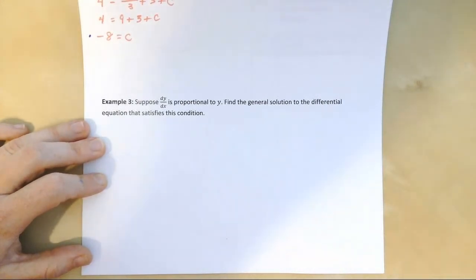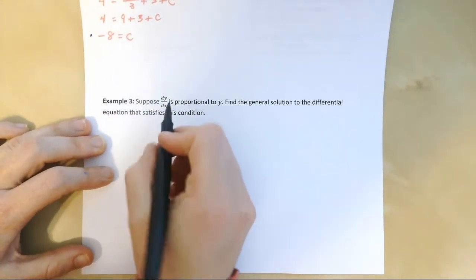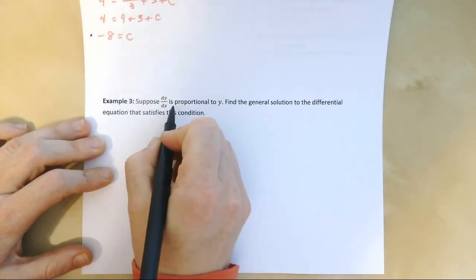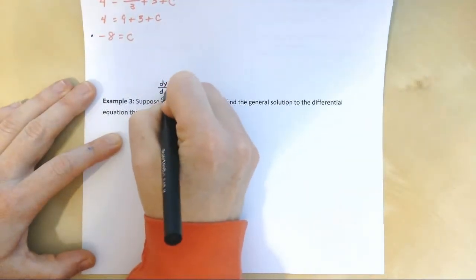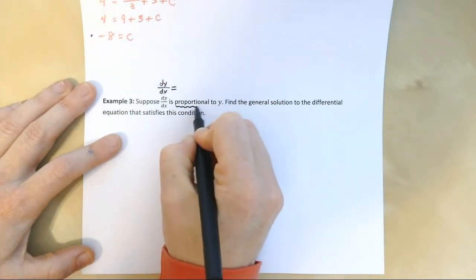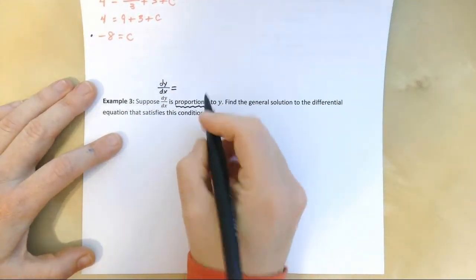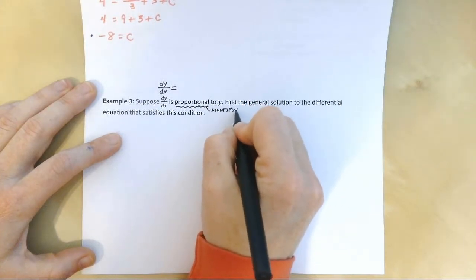So the first thing we're going to do is make this a differential equation. So let's translate. "Is" means equals. So dy dx is means equals. Proportional means that it has a multiplier, kind of.